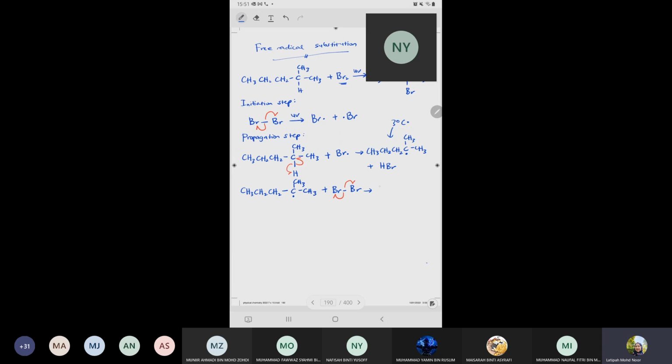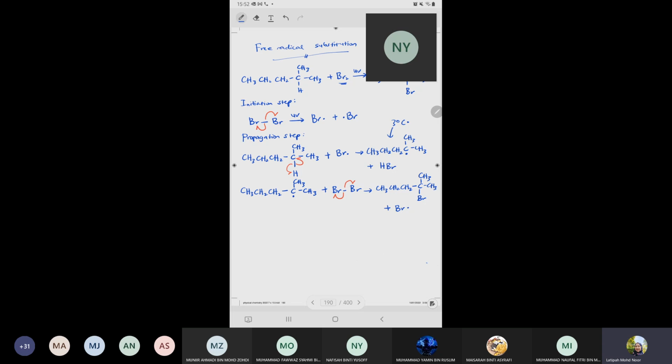Okay, so what will happen? We will produce the product. Dapatlah produk kita balik tadi. CH3 kat sini, ada CH3. So, Br duduk sini. Tambah dengan apa? Tambah dengan Br dot. Okay, so this is called propagation step.